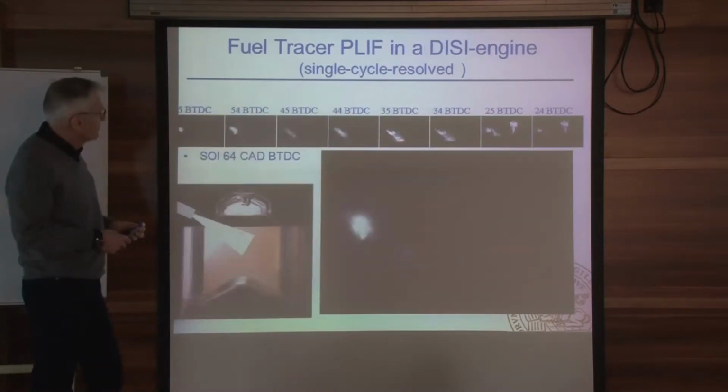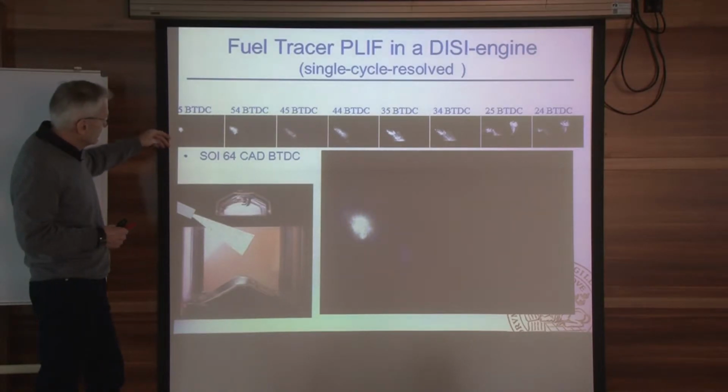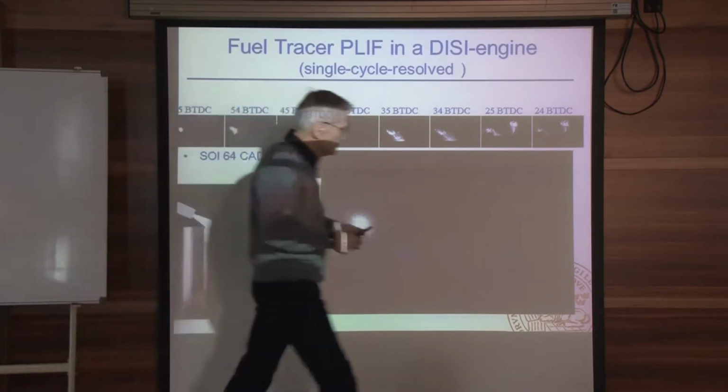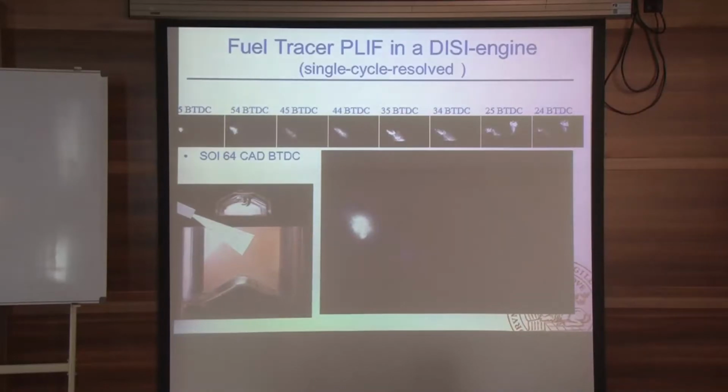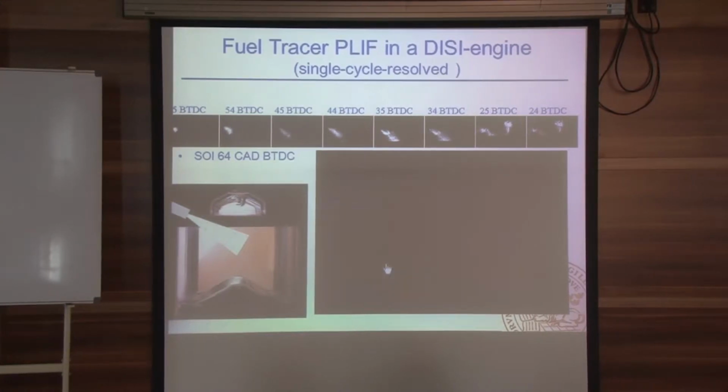And then, well, not in this, but this is another where we looked at this direct injection spark-ignited engine, where you can see how the fuel is directed up to the spark plug. It's pretty fast.